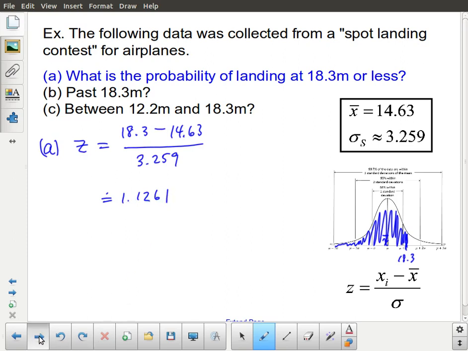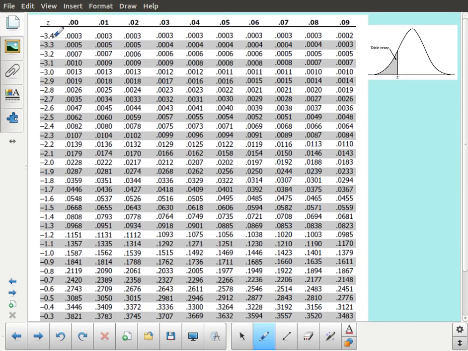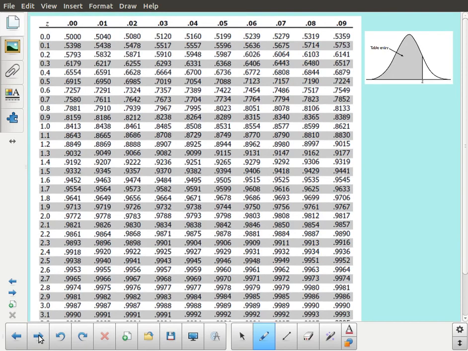I've got some electronic versions of z-score tables here. This is the negative z-score table. Here is the positive z-score table. And I am looking for 1.1261. So I come down here, and there is 1.1, and I want 1.12.